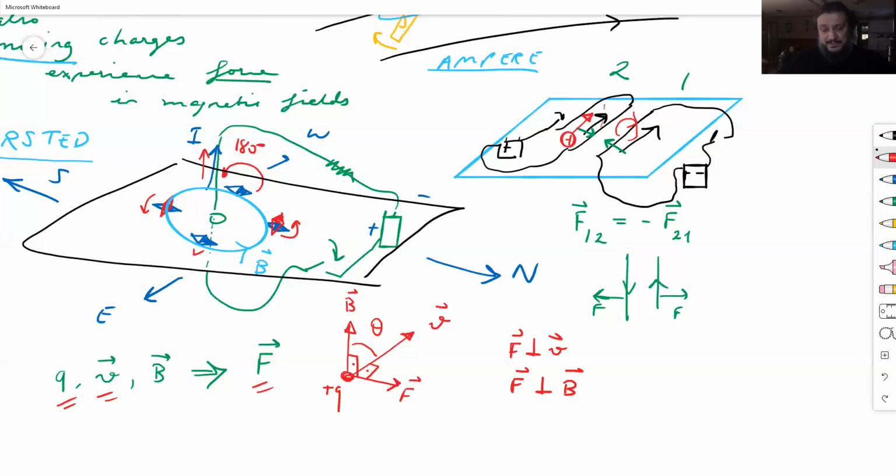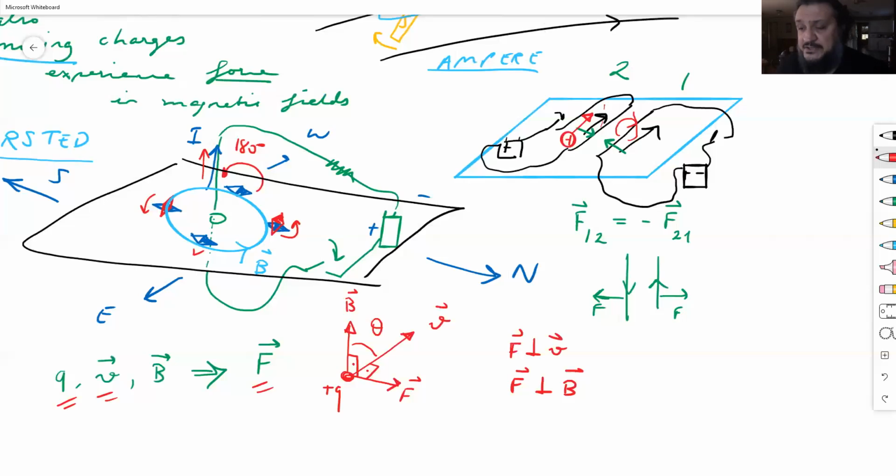That is, force would still be perpendicular to both B and V. So think about the plane that vectors B and V form, right? Two vectors, no matter what the angle between them, will always define a plane. This force will be perpendicular to that plane. Okay?